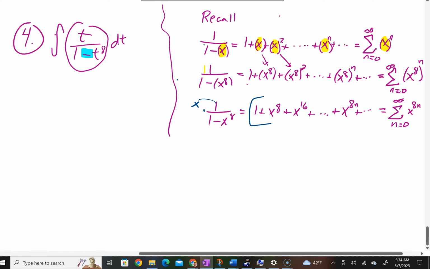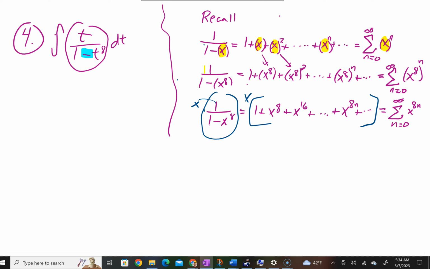I multiplied the function by x to be able to get that. I'm going to multiply the middle representation by x. That means I'd have to distribute an x everywhere. And look at sigma, I'm going to multiply by x there as well.